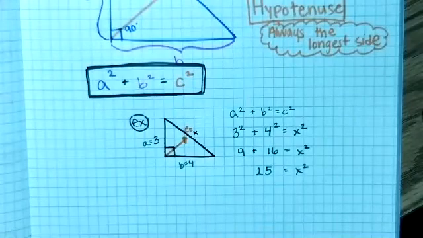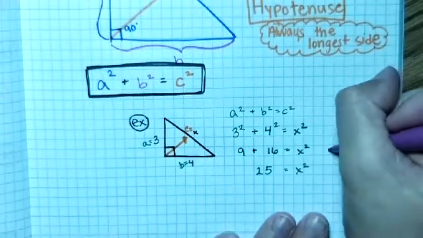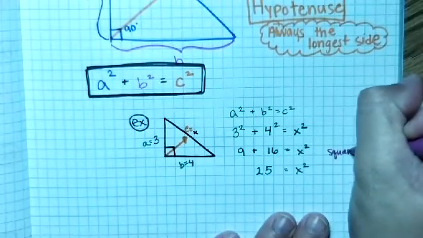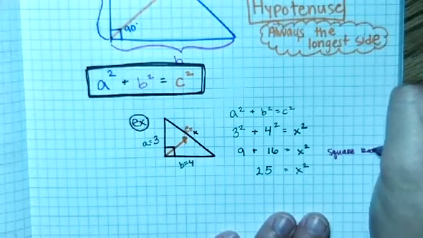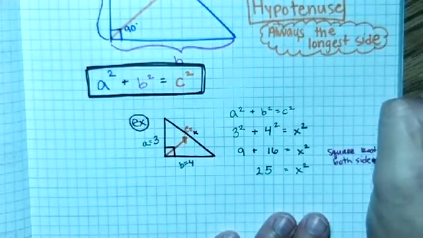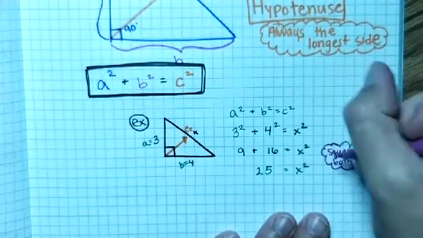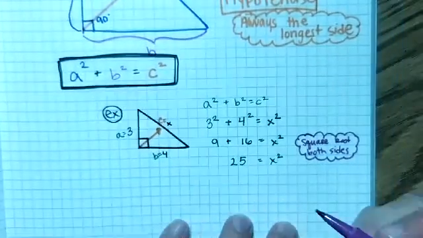Now, I know you've seen this before in this class. We have X squared equals 25. The way that you're going to solve that, the opposite of a squared is a square root. So we are going to square root both sides to get that squared out of there. So that'll look like this.